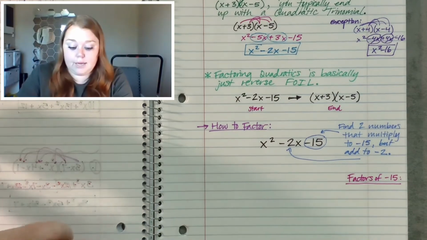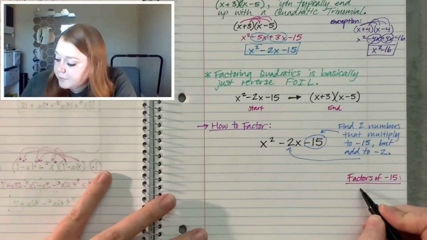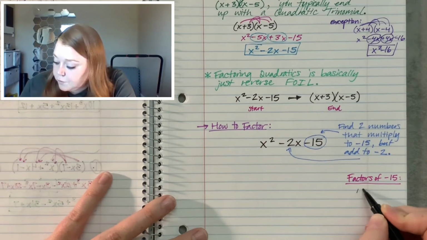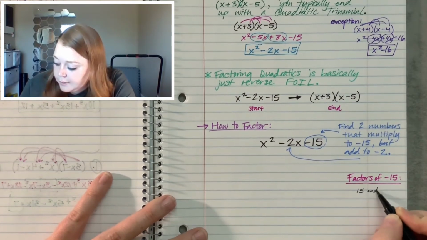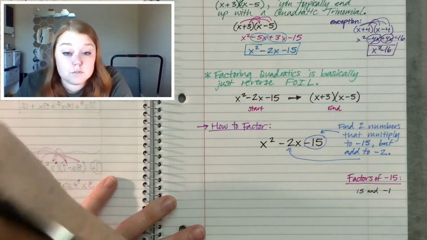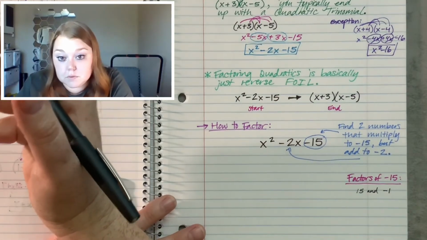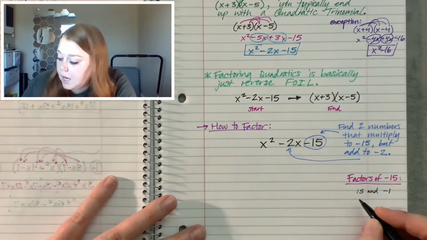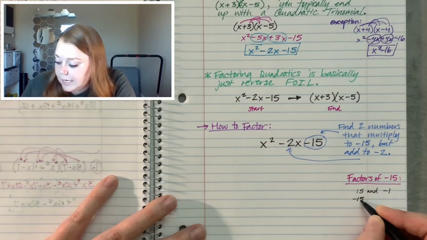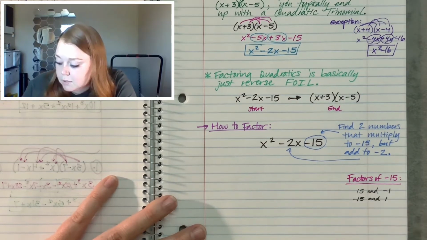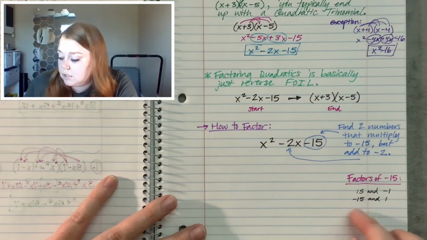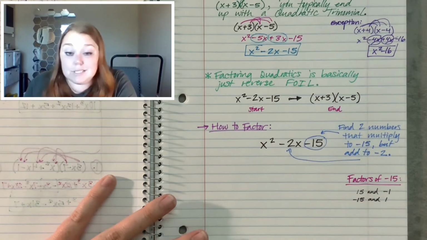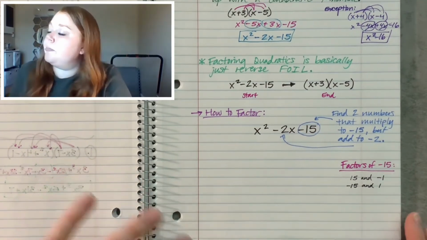So I know that I could multiply 15 and negative 1. 15 times negative 1 is negative 15, okay? I could also switch that and do negative 15 times positive 1, right? That would also multiply up to negative 15, okay?